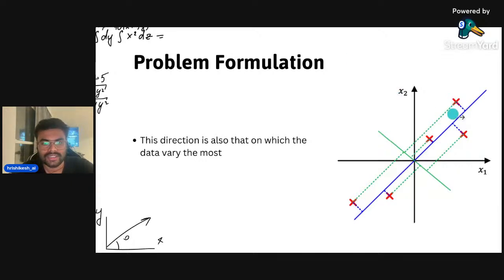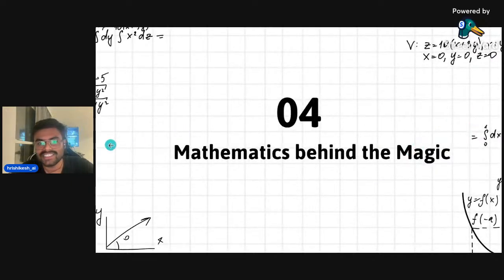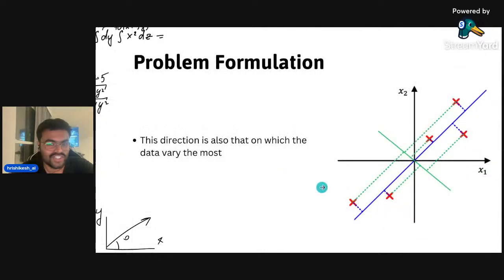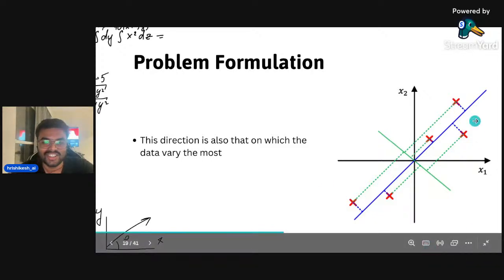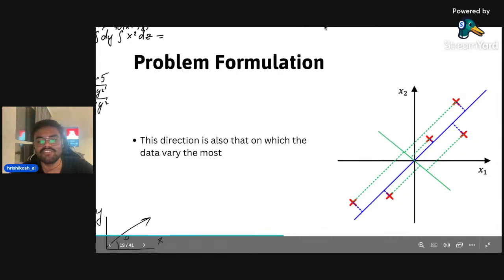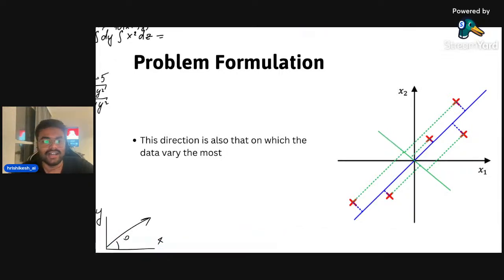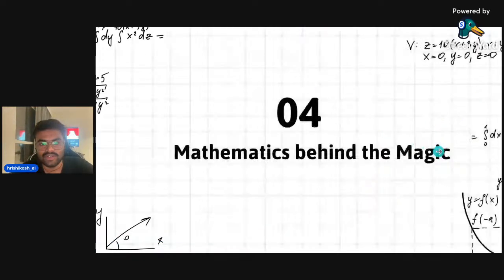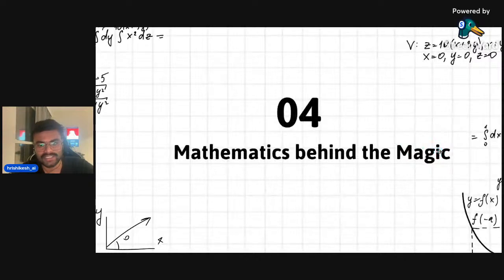Now, this is only the visual part, right? Now we need to calculate it because we need to implement that. So for that we need to do all this stuff using the process of mathematics. So we'll see the mathematics behind the magic which we were seeing.